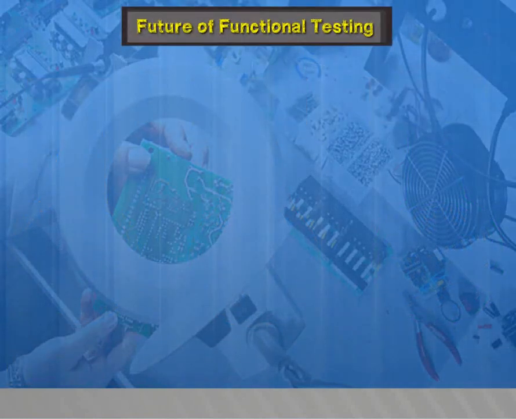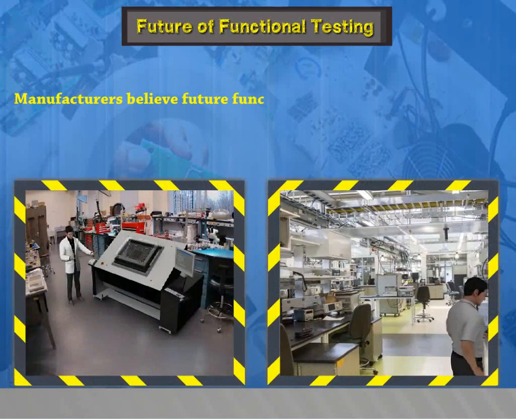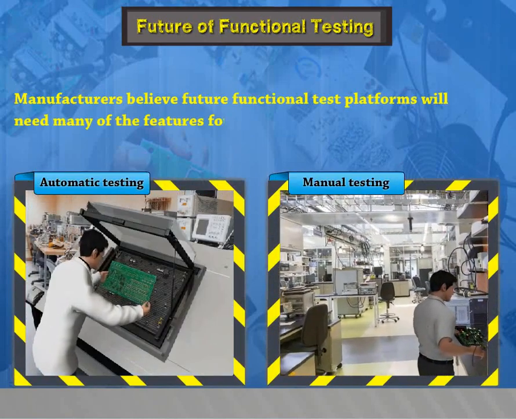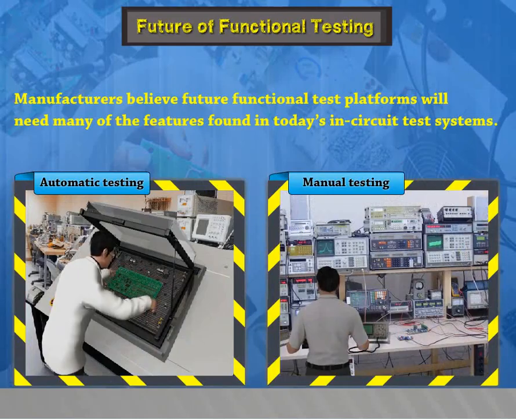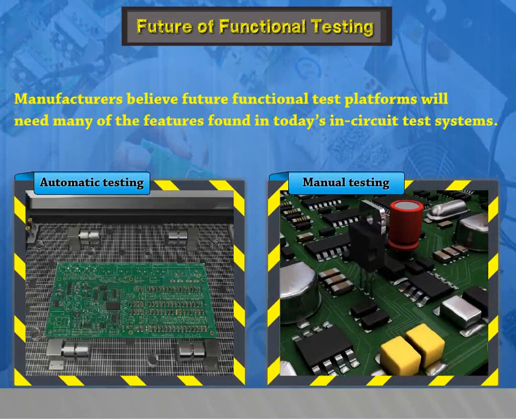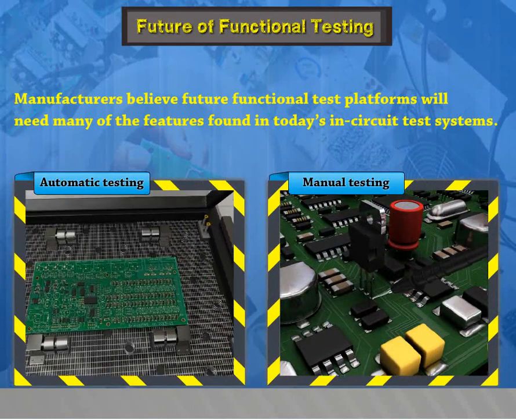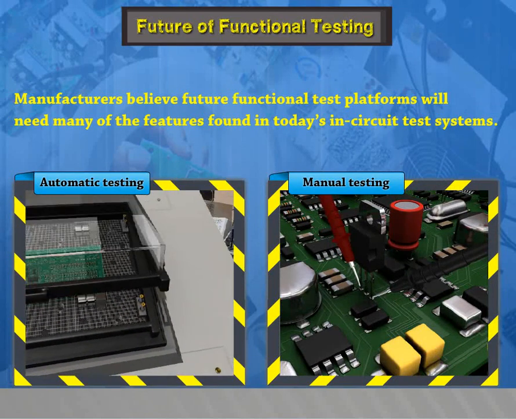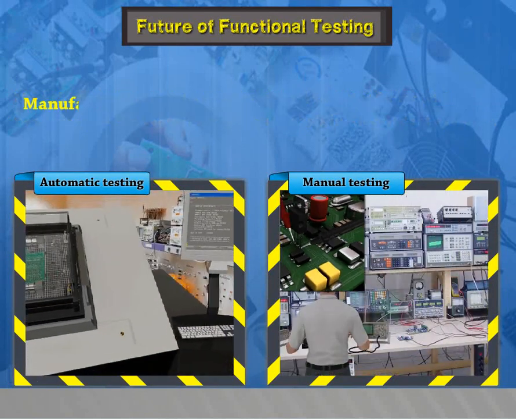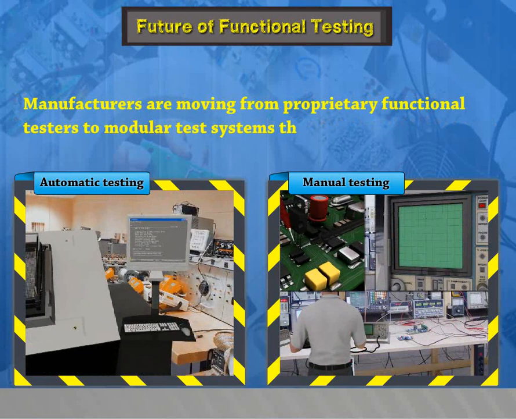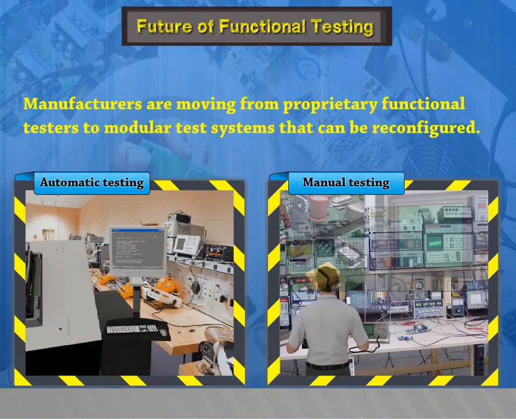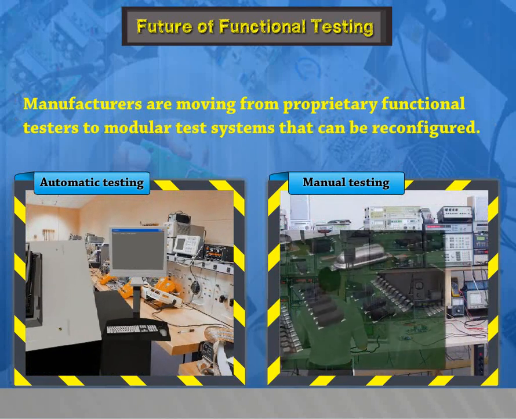Future of functional testing. Manufacturers believe future functional test platforms will need many of the features found in today's in-circuit test systems. Manufacturers are moving from proprietary functional testers to modular test systems that can be reconfigured.